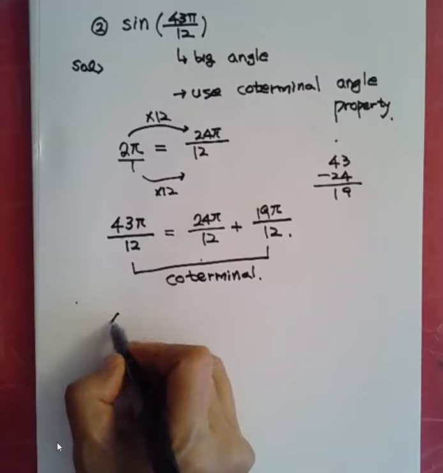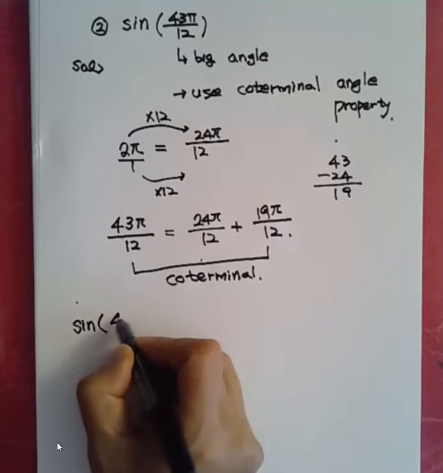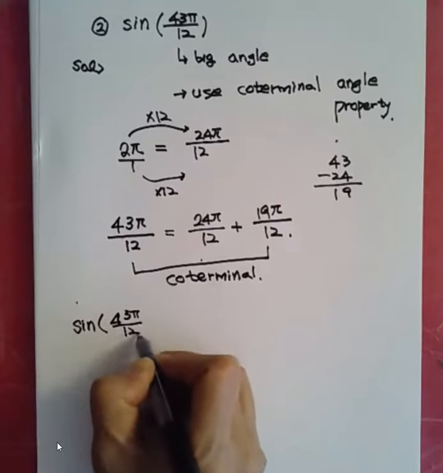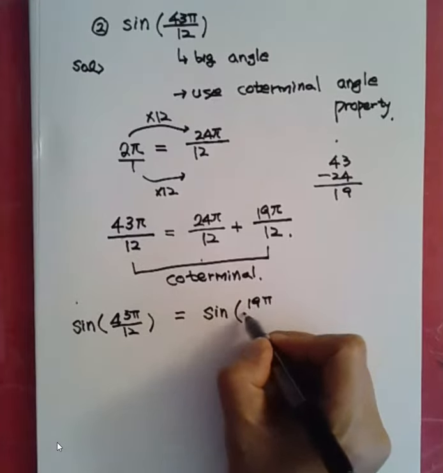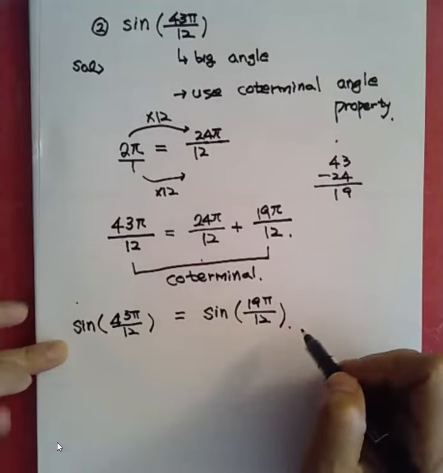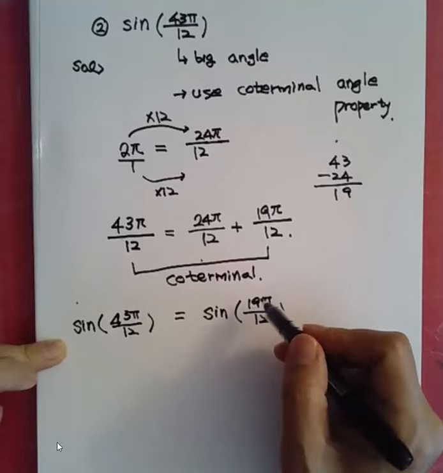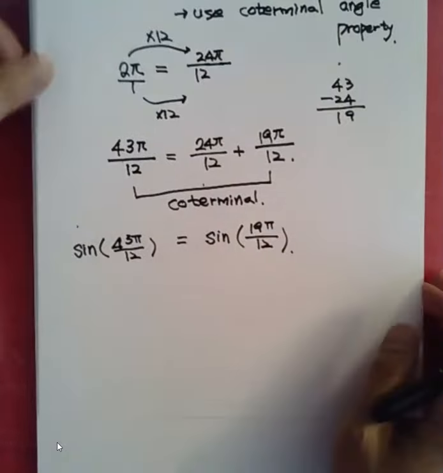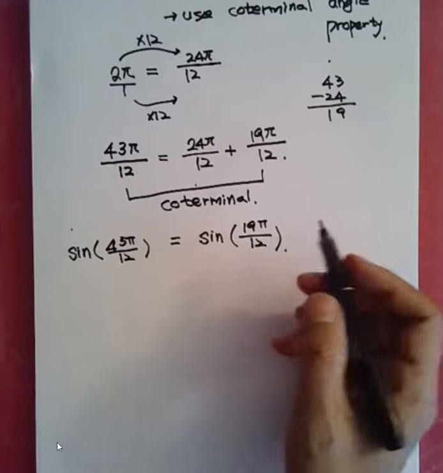So we can write sine of 43 pi over 12 is the same as sine of 19 pi over 12. By using the coterminal angle property, we can reduce the angle, which we can evaluate a little bit easier, but 19 pi over 12 is still large.